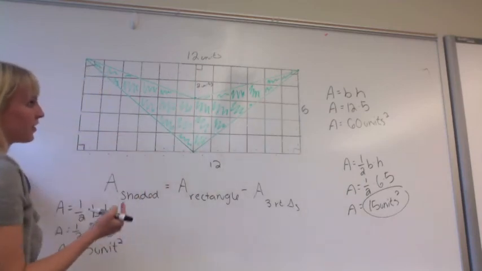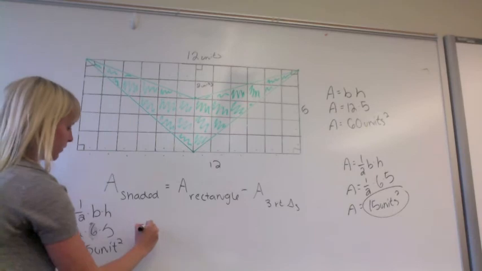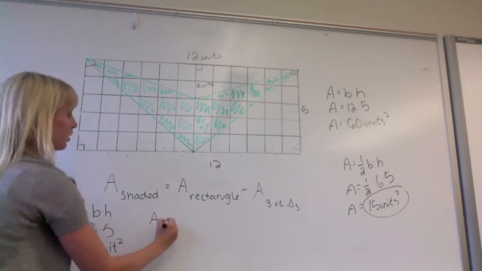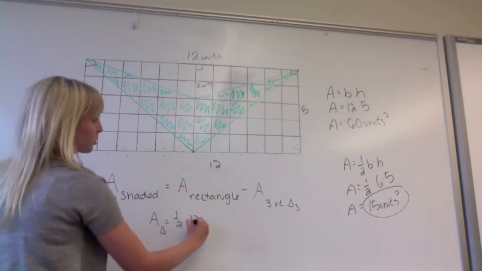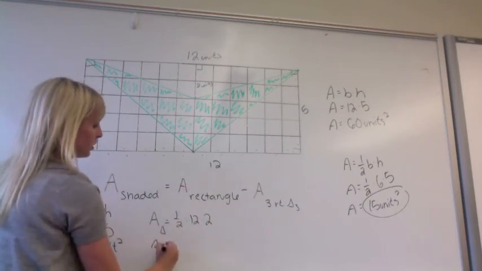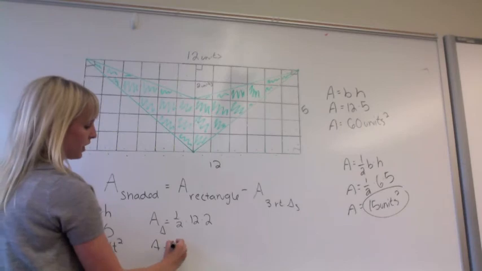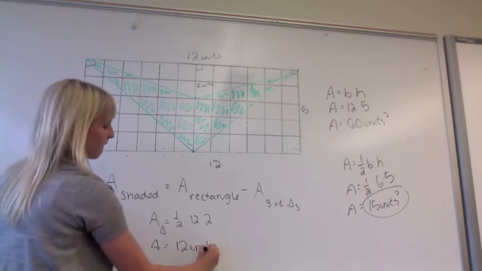So in order to find the area of this triangle, we would multiply 1/2 times 12 times 2, which is, well, half of 2 is 1, so it has to be 12 units squared.